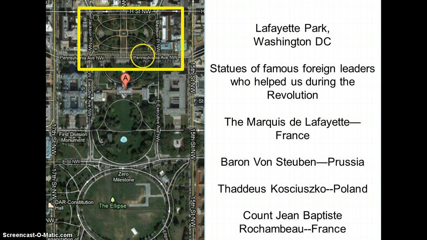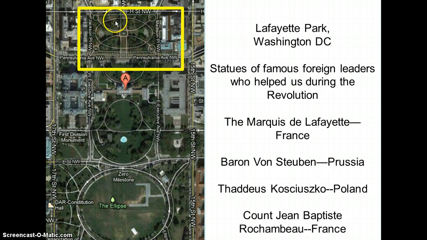The Marquis de Lafayette is well known for helping General George Washington win the war. Other foreign leaders who are in this park are Thaddeus Kosciuszko and Baron von Steuben and Count Jean-Baptiste Rochambeau. These are people from foreign countries who came to America to help us win our revolution.